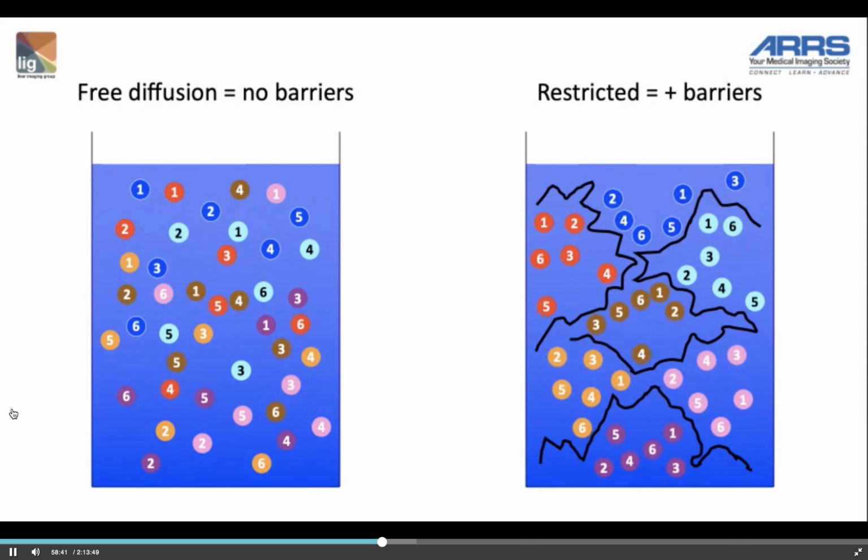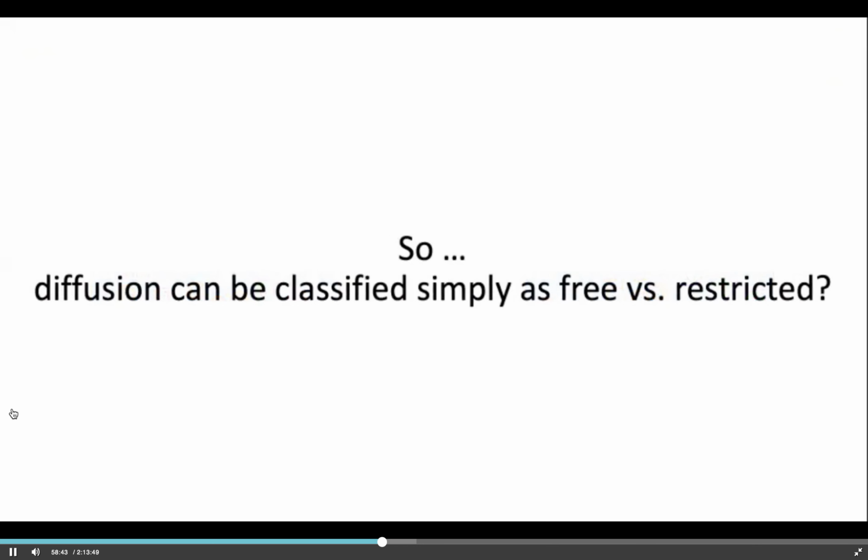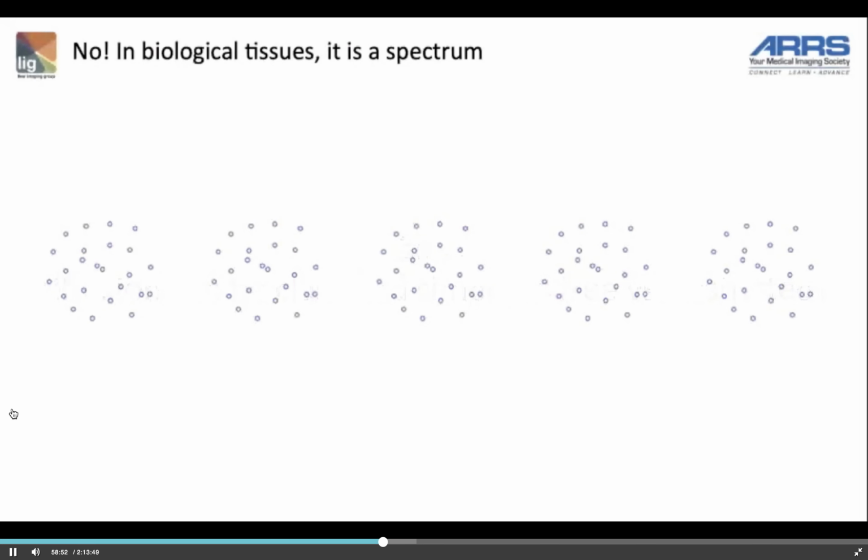diffusion is considered restricted. So does that mean that diffusion can be classified simply in a binary way, that diffusion is either free or restricted? And the answer is no. In biological tissues, it is a spectrum. Imagine these identical distribution of water molecules and ask, what is the diffusion of each one of these?